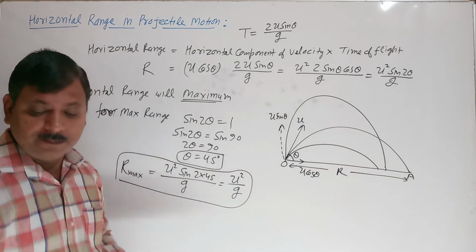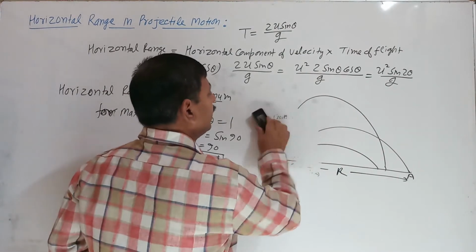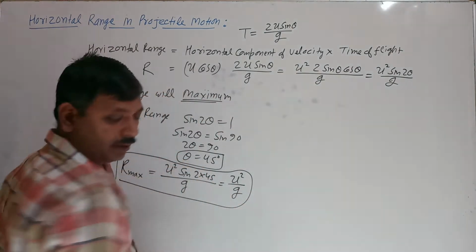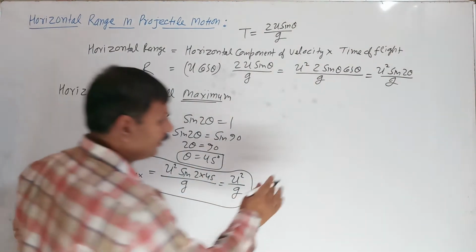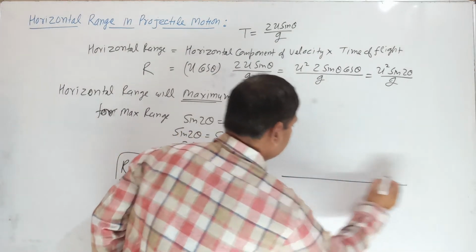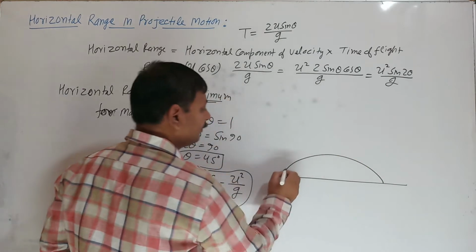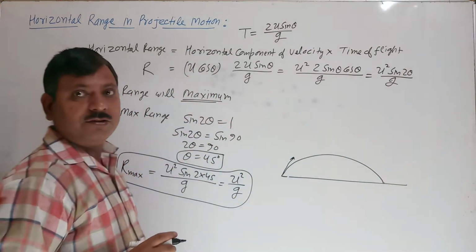One thing more. We have seen that for different angles of projection, sometimes the range is the same. Suppose I have taken one angle theta, and this is the range.